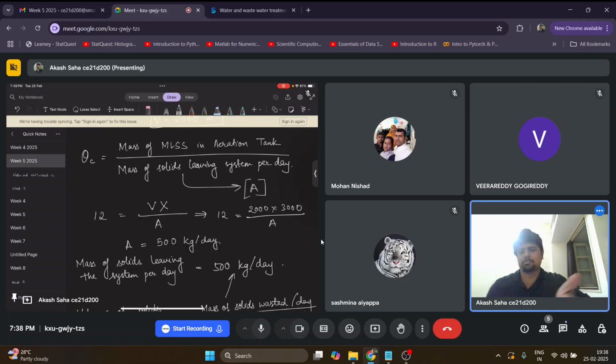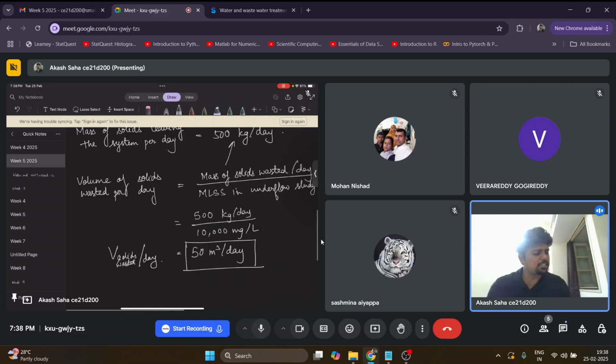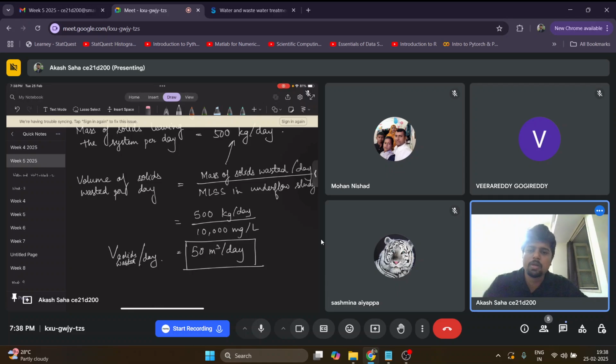I called it A, and found that A is equal to 500 kg per day. Once we know the mass, we just have to divide by the MLSS to get the volume. Mass divided by density is just volume, so here it is mass divided by the MLSS, which is in terms of density.